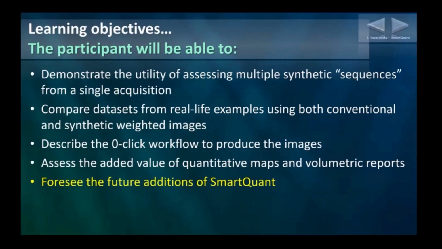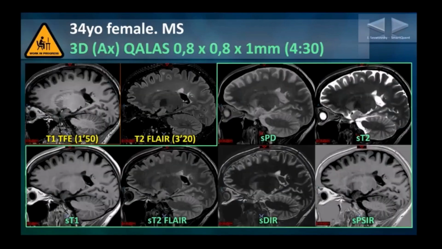So now that we have seen a couple of examples of 2D images and what the quantitative maps and volumetric report can bring, we will try to foresee the future editions of SmartQuant, and we will spend a few times on this because it's not yet clinical, but it will soon be, and I find that it will really be a huge step forward.